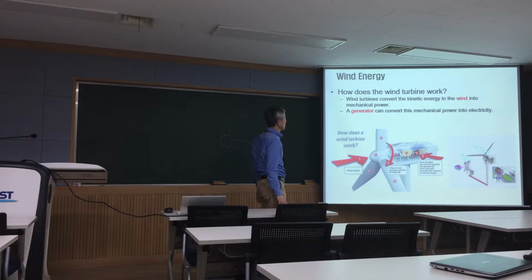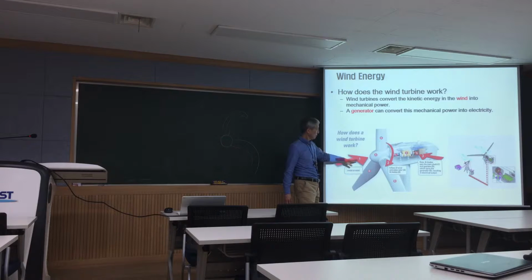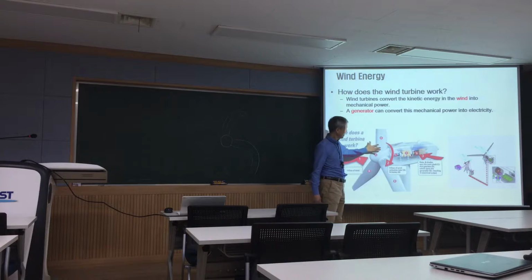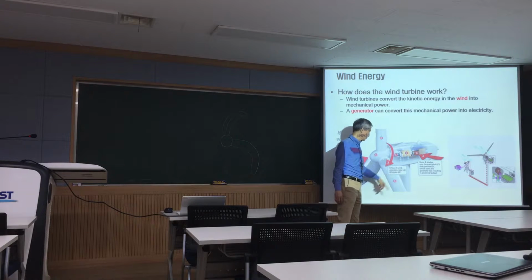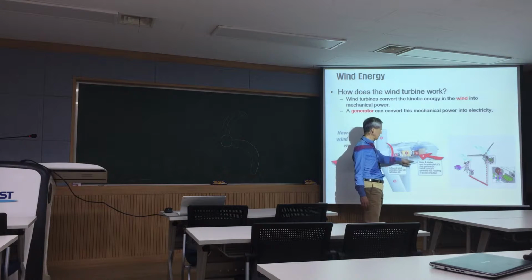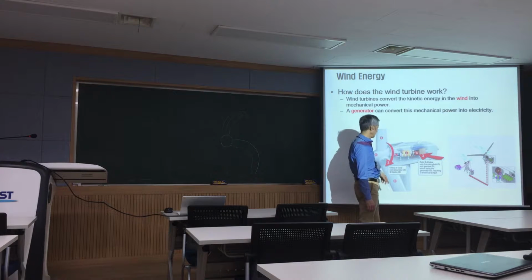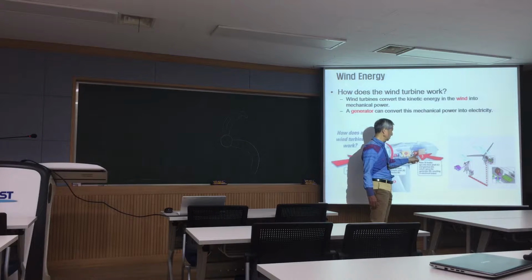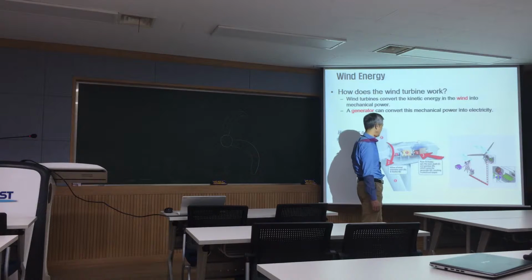Okay, how does the wind turbine work? It comes from wind, right? Inflow wind makes the blade rotate. We call it a rotor, and the blade rotation spins the main shaft and gearbox, which increases the RPM, and gives you a generator that makes electricity.